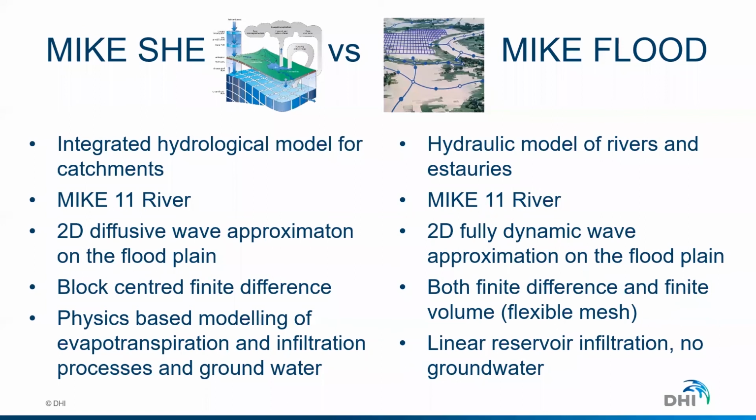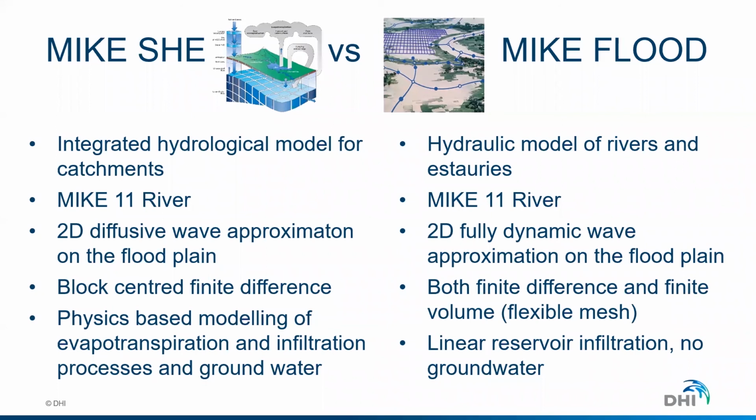MIKE SHE is a block-centered finite difference, whereas MIKE FLOOD is a finite volume approach. MIKE SHE has a more comprehensive description of the evapotranspiration and infiltration, but MIKE FLOOD also has the ability to include evaporation and infiltration, but doesn't include groundwater.